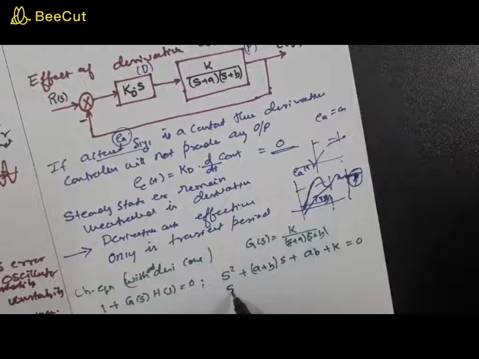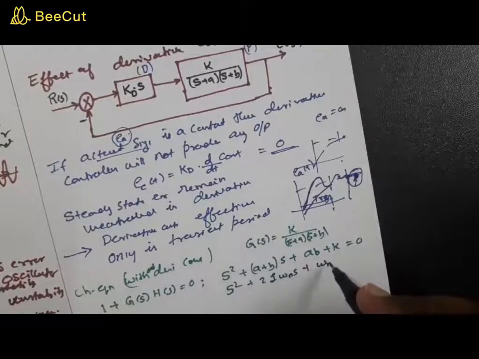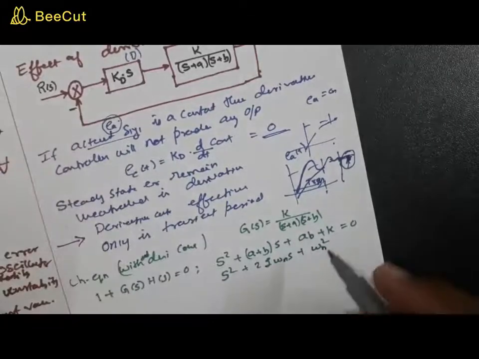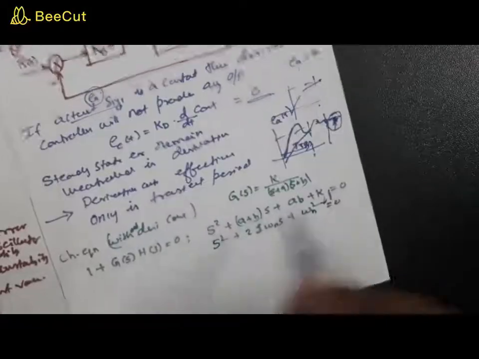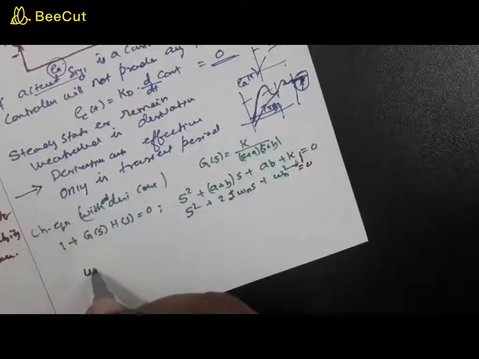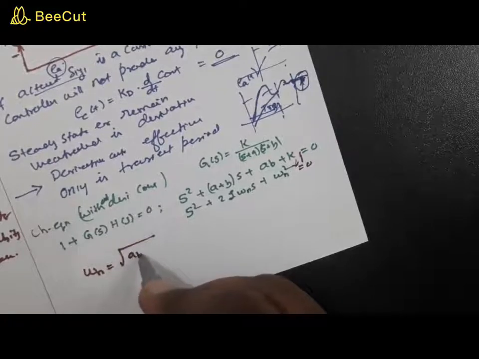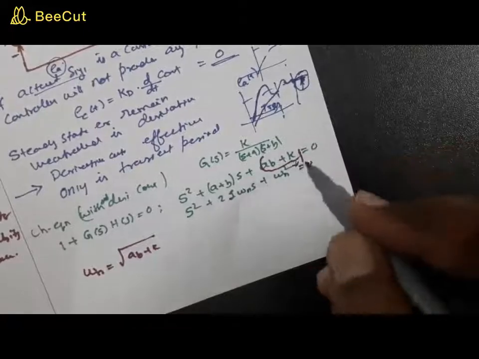Now this can be compared with the general characteristic equation of a second order system. From this you'll be able to get omega n. Comparing these two equations, you will get omega n equal to root of (ab plus k), because this part represents omega n square.